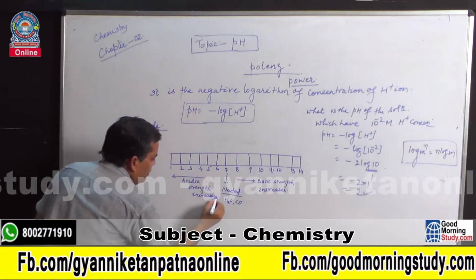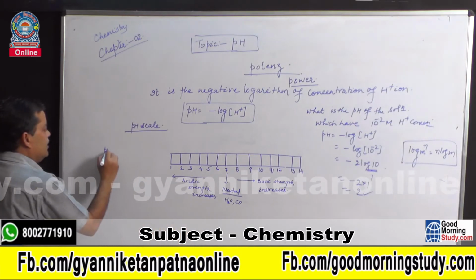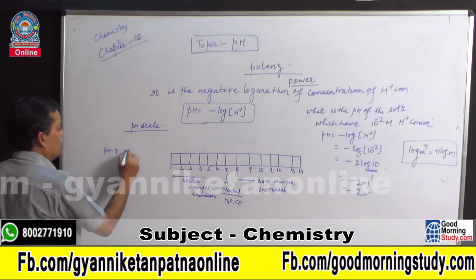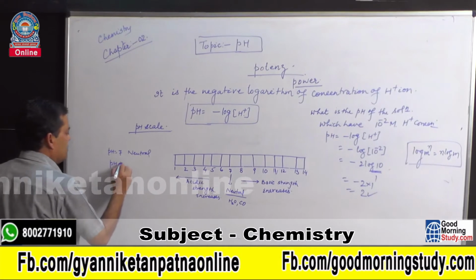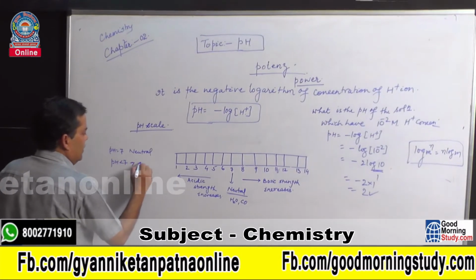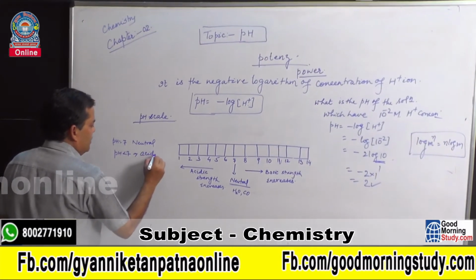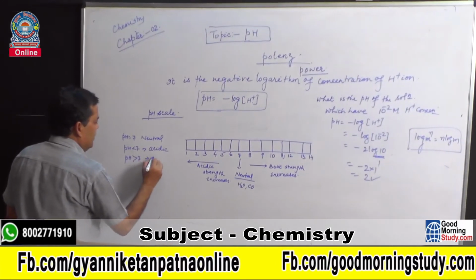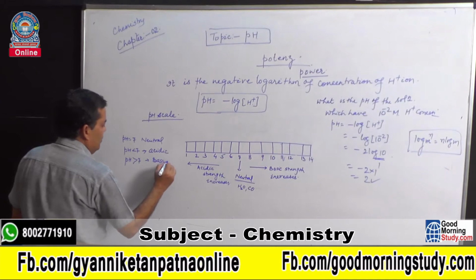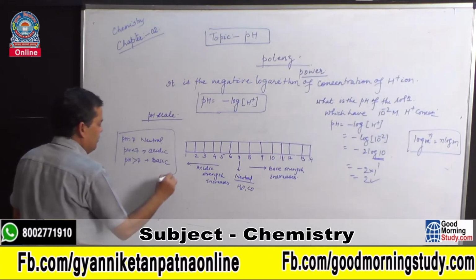So if the pH is equal to 7, a neutral solution will be there. If pH is less than 7, then an acidic solution will be there. If the pH is greater than 7, then a basic solution will be there. You will keep this in mind.